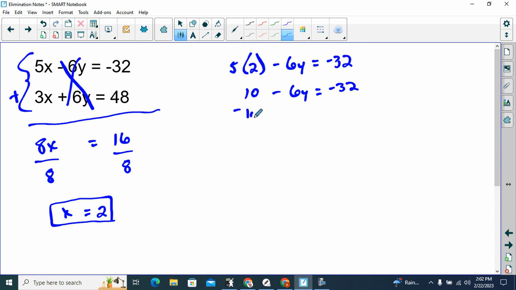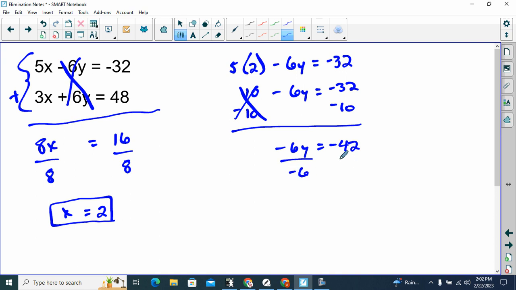Subtract 10 from both sides. Negative 32 minus 10 is negative 42. And divide both sides by negative 6. X equals 2, y equals 7.